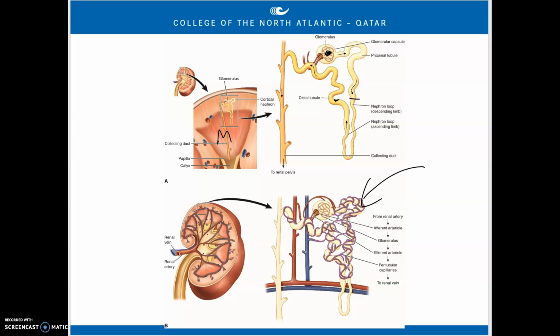Having the tubule really close to the capillaries like that, we're able to move stuff back into the blood, or move stuff from the blood back into the kidney tubules in the nephron. Depending on the condition of our body and how we want to form the urine, this is what the nephron does.